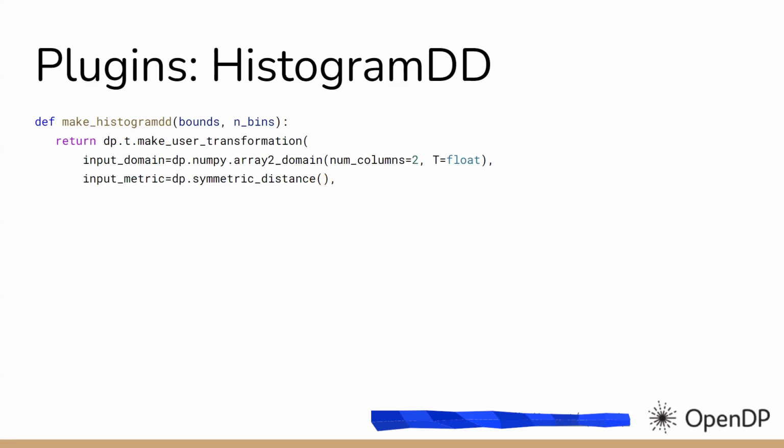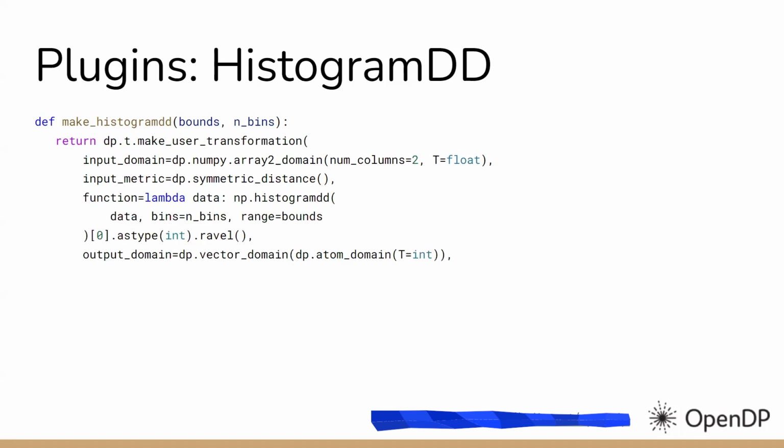On this transformation we're building, we're also saying that neighboring datasets differ by additions and removals. And the function we're going to compute is just going to compute a d-dimensional histogram over the data. You specify the number of bins, specify some bounds.